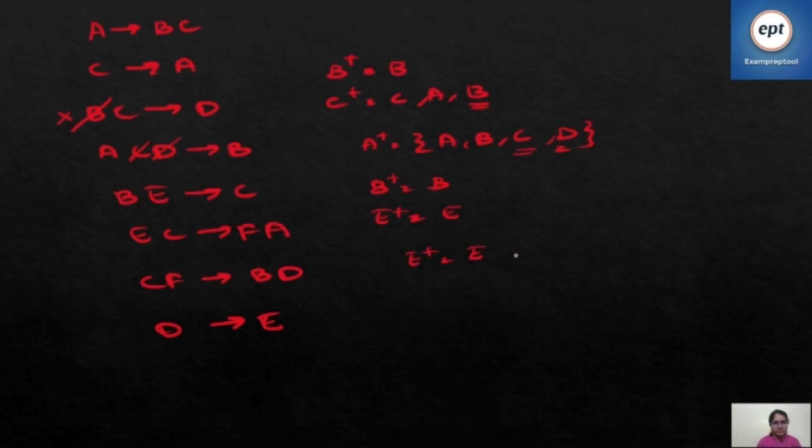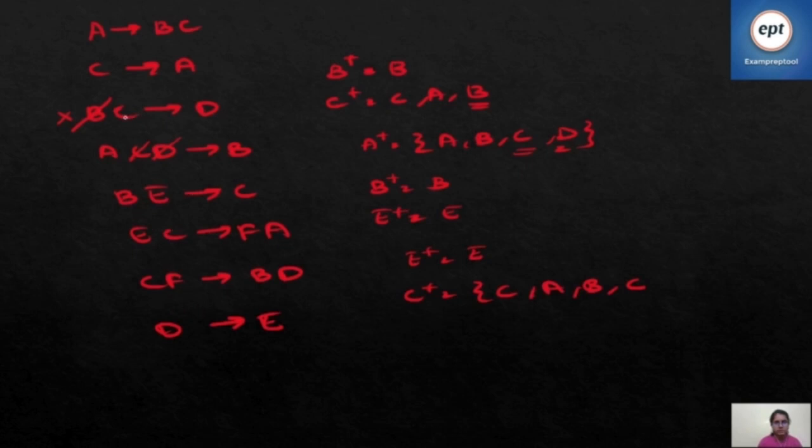Now let's check the attribute closure of C. From C we can derive A, and from A we can derive B, C. Now we have to check whether from C we can derive E. B and E combined we want, so is it possible?